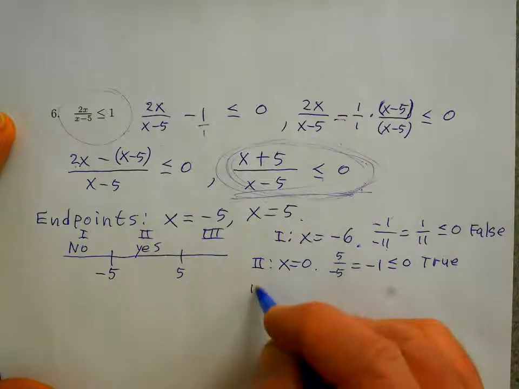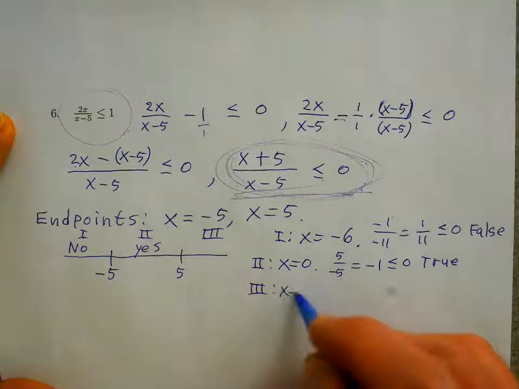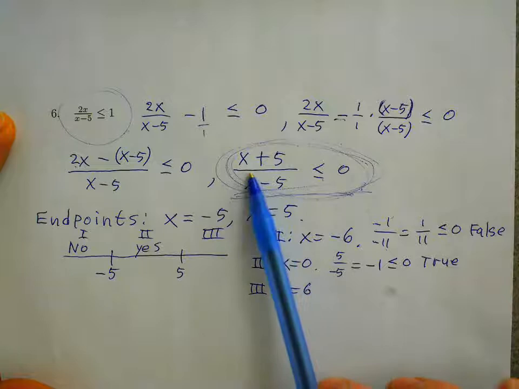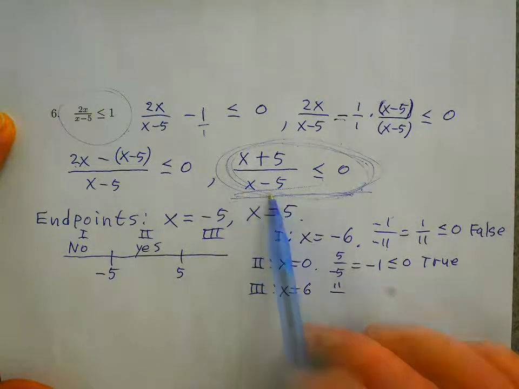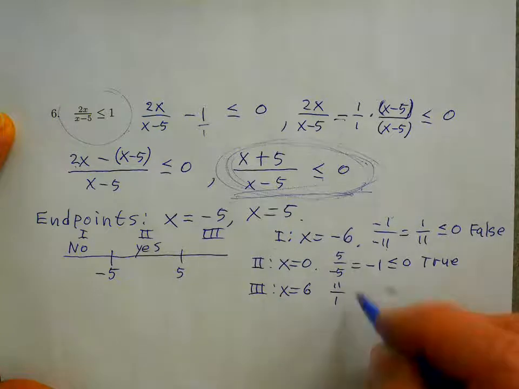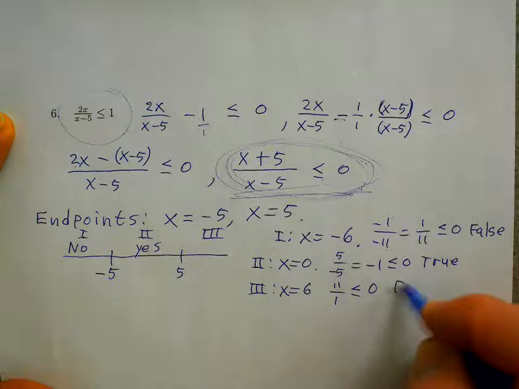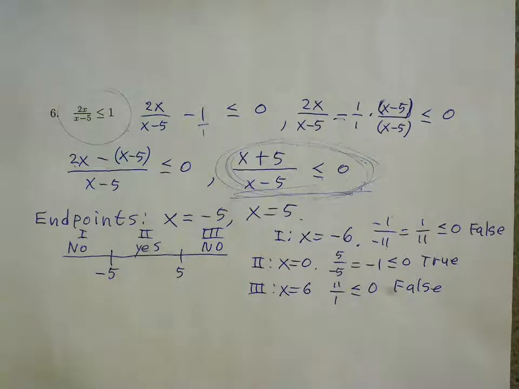And then in the third interval, pick a number greater than 5. So we can pick 6. In the inequality, 6 plus 5 is 11 in the numerator, and 6 minus 5 is 1 in the denominator. 11 over 1 less than or equal to 0 is false. So none of the numbers greater than 5 are in the solution set.